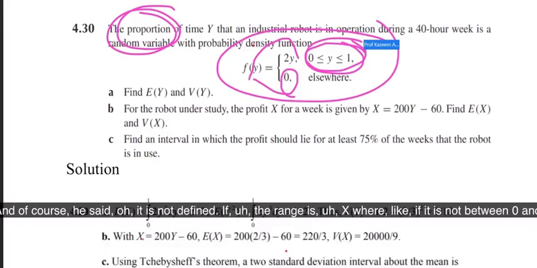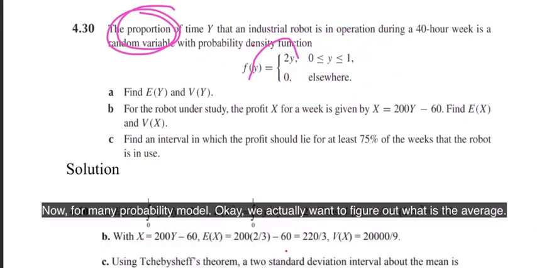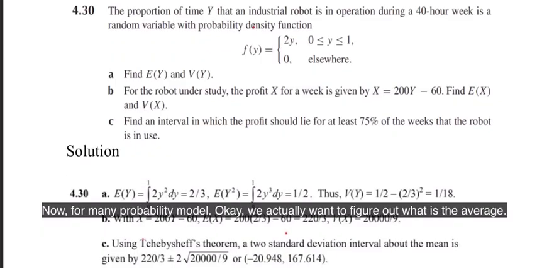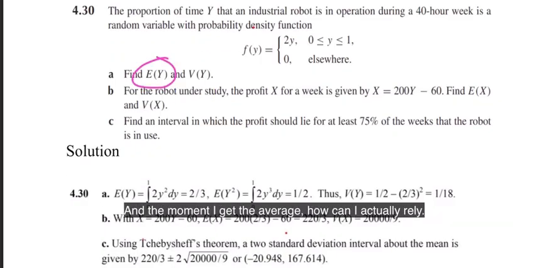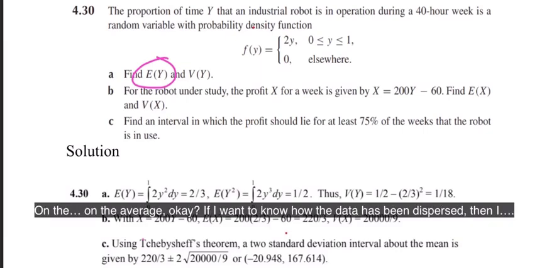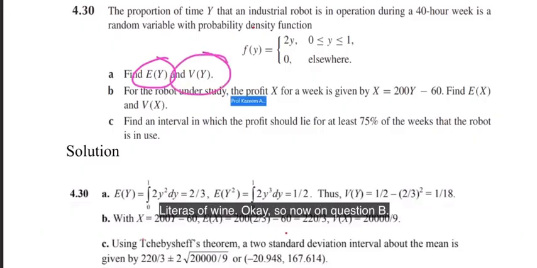Now, from any probability model, we want to figure out the average. And the moment I get the average, how can I rely on the average? If I want to know how the data have been dispersed, then I need the variance of y.